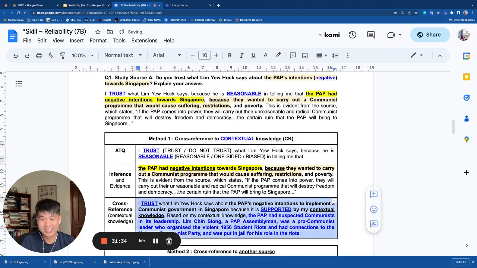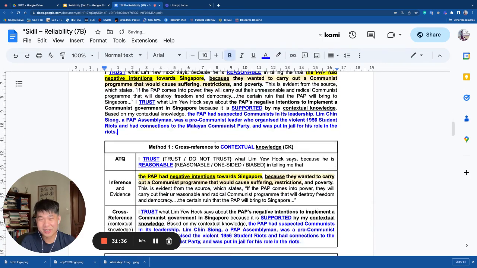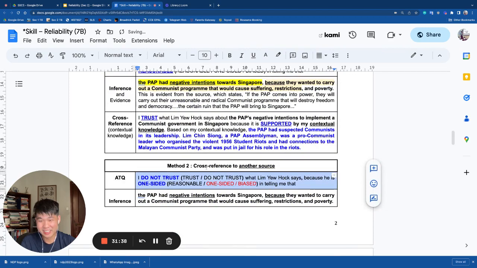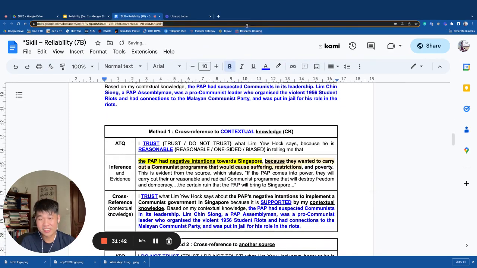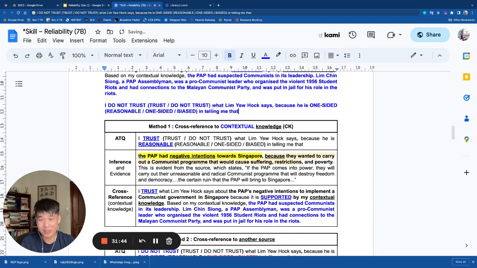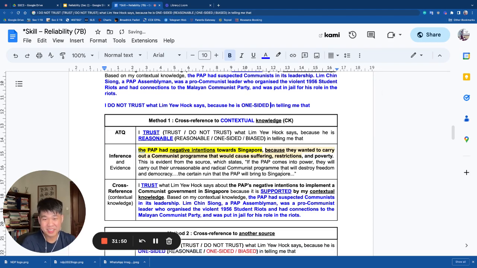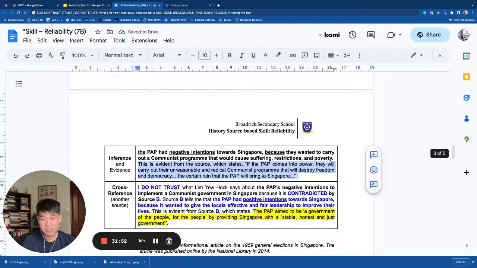And I did have a question from History 7 as to, okay, if it's in my notes, why do I need to copy it? And the answer is very simple. First of all, it's in the notes.